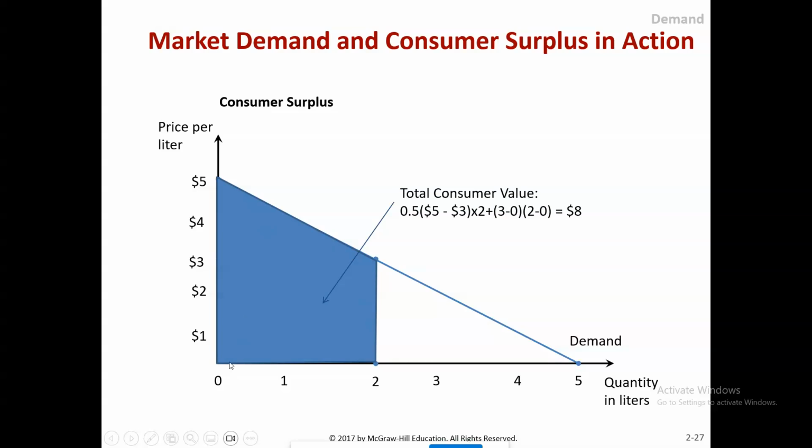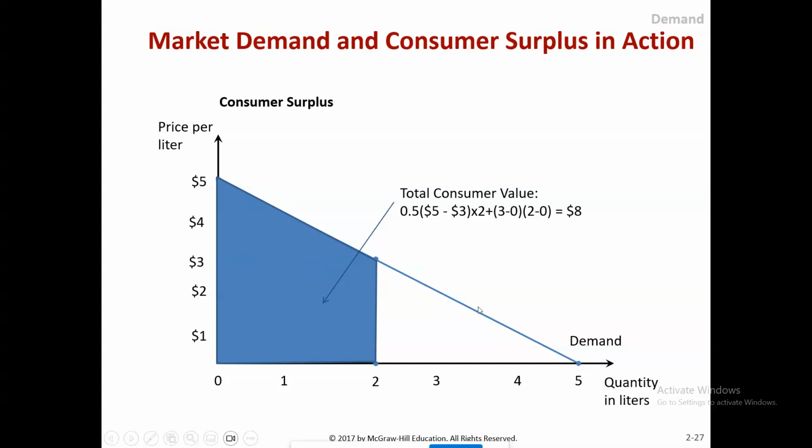At a very small amount of products available, consumers' willingness to pay is very high. Then it goes down as products get more abundant, and it stops here because this is the equilibrium price and quantity.